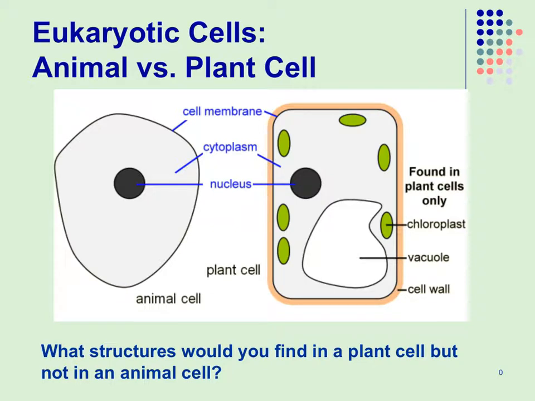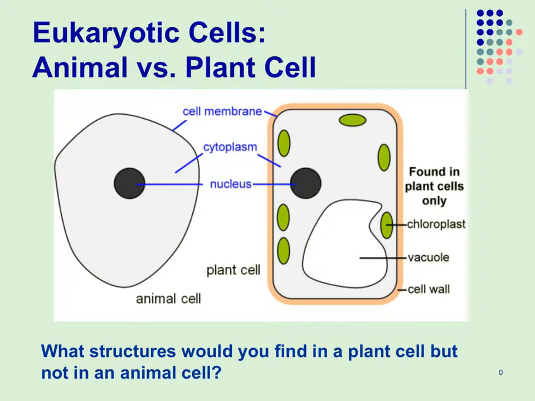So eukaryotic cells, like I said, can be broken down into two main categories: animal cells and plant cells. If you notice on the picture here, you can see some differences between an animal cell and a plant cell. Typically we think of plant cells as being rectangular or square in shape, and that is because of the cell wall.